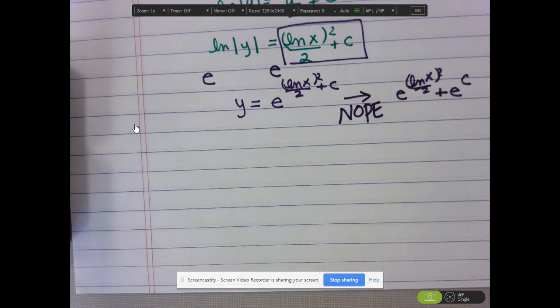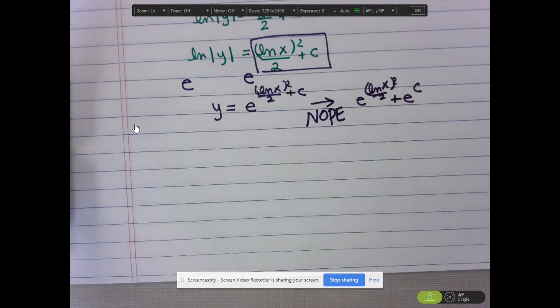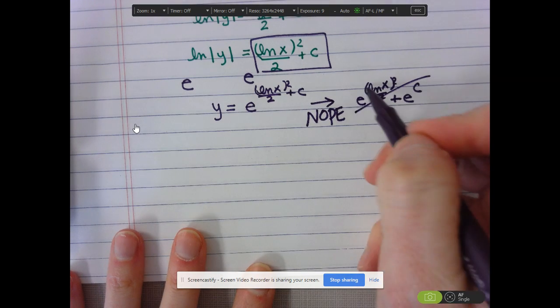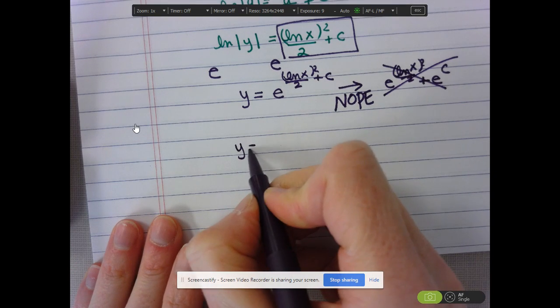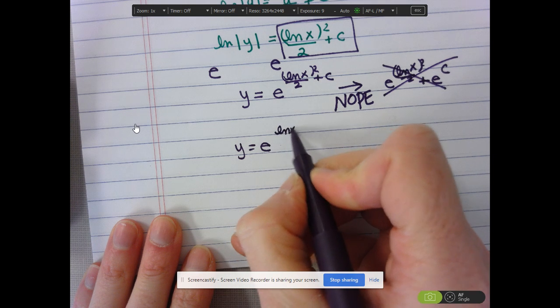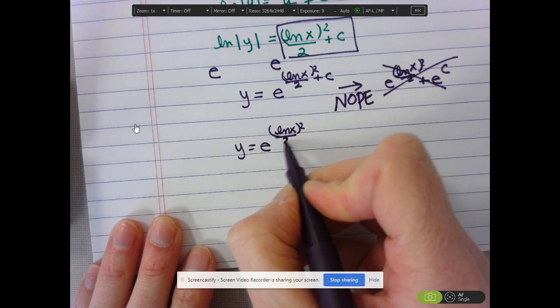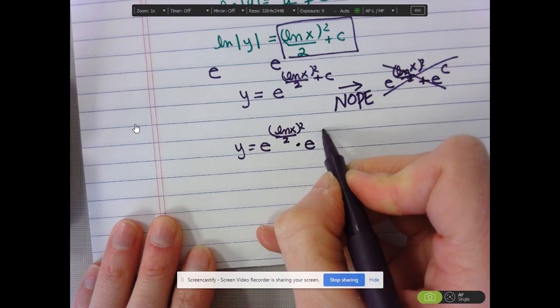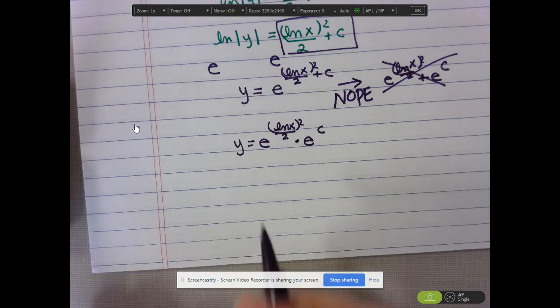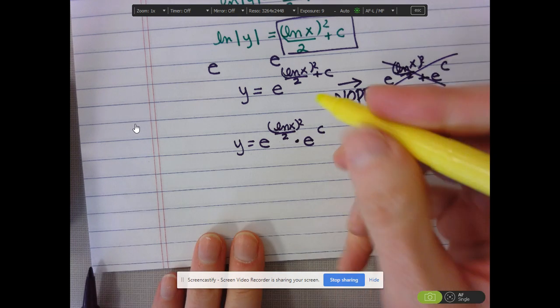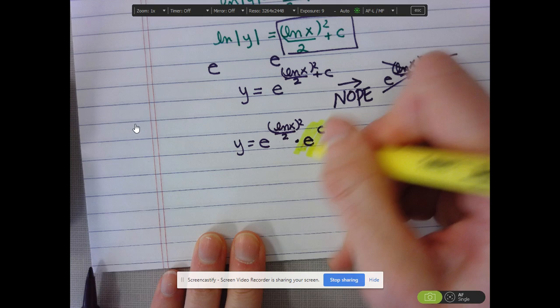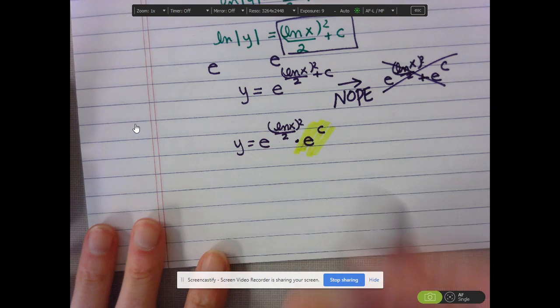Nope, nope, nope, nope, and nope. It's times. So y equals e to the ln of x squared over 2 times e to the c, because by the properties of exponents, when we have the same base, we add the exponents. And then the next leap we need to take is the fact that e to the c is nothing more than c.